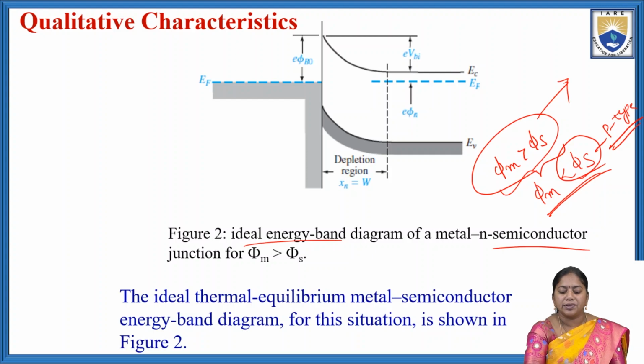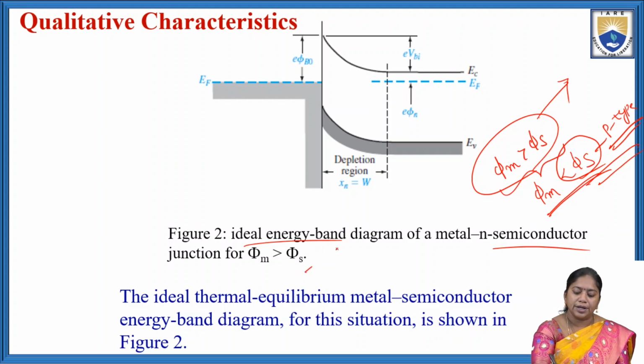For N-type, for a rectifying contact phi m should be greater than phi s, while for P-type semiconductors the metal work function must be less than the semiconductor work function in order to make the rectifying contacts.